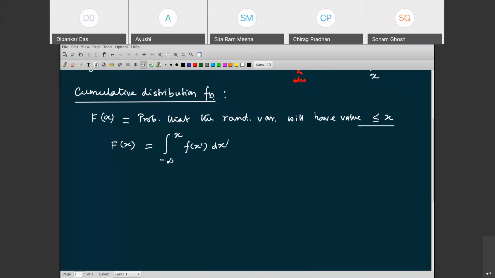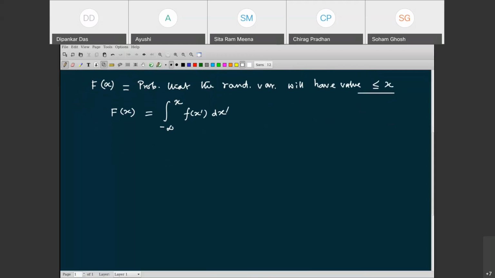Now, if you notice carefully, you can define the probability distribution as a derivative of the cumulative distribution function. How do you do that?